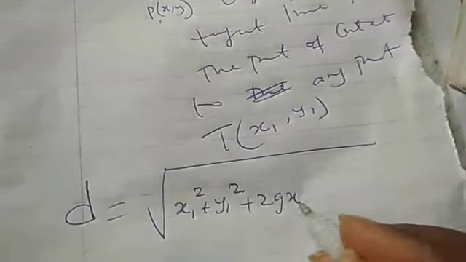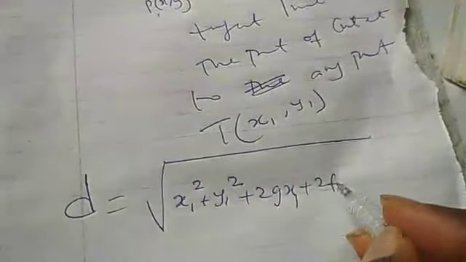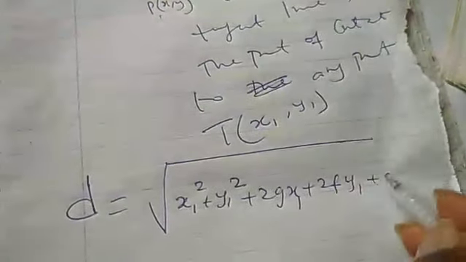So we have known the general form of a circle. The formula is very easy to prove. After using Pythagoras theorem and simplifying, you should have x1 squared plus y1 squared plus 2gx1 plus 2fy1 plus c. So this is the formula. So it's very easy. You only need to substitute the point inside the given equation of a circle.